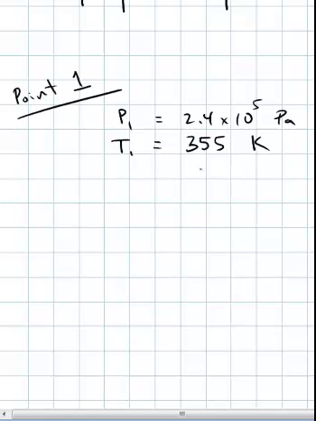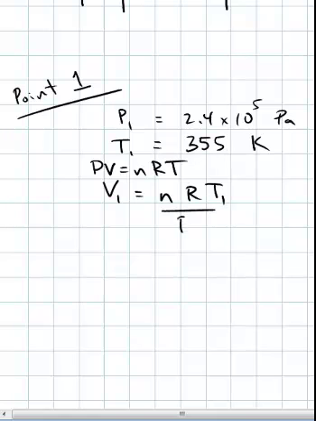So all we have to do is solve for the volume. This is an ideal gas, so we can use our ideal gas law, PV equals nRT, and so the volume is nRT over the pressure.